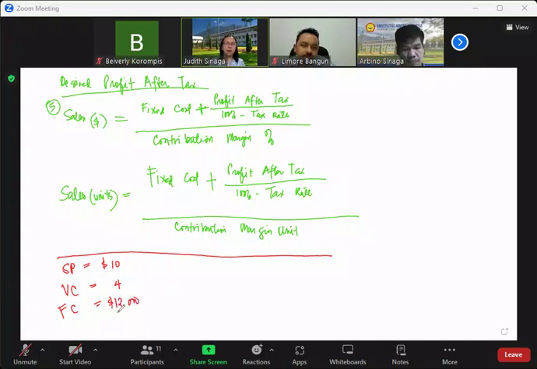Oke. Gimana kalau tax rate-nya? Kita akan kasih misalnya tax rate-nya 35%. So what would be your answer here? Please compute. Boleh compute?